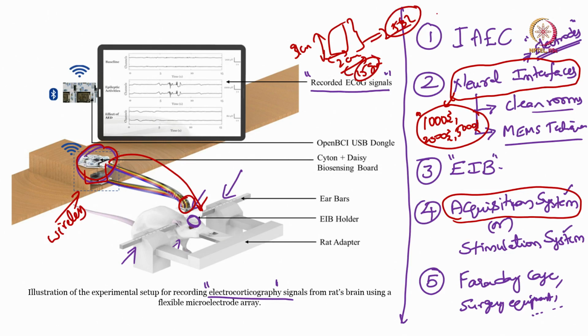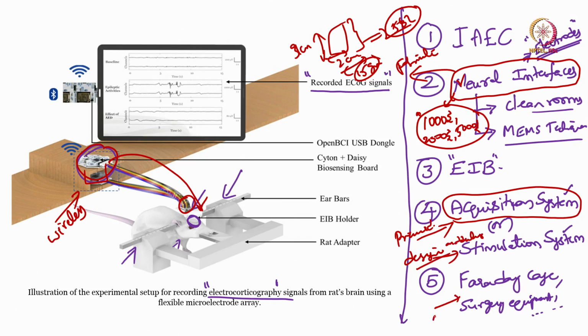So, if at all someone wants to run these kind of labs, these are the things you want to start from your own. What we do here in IISc is we fabricate this, we do not procure it. The acquisition system is procured, and the stimulation system we are designing and developing, a wireless stimulation system.